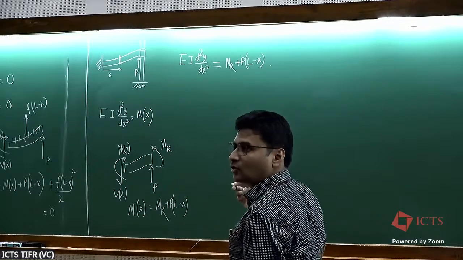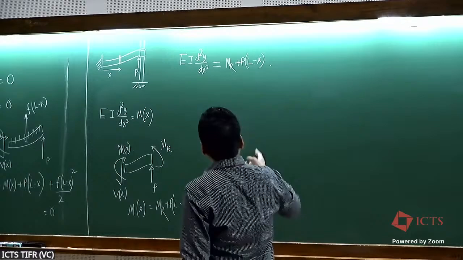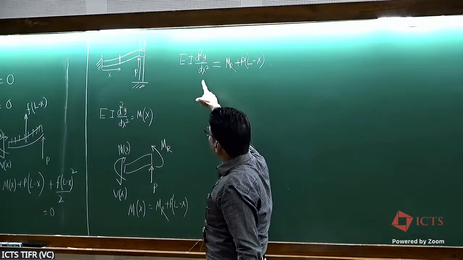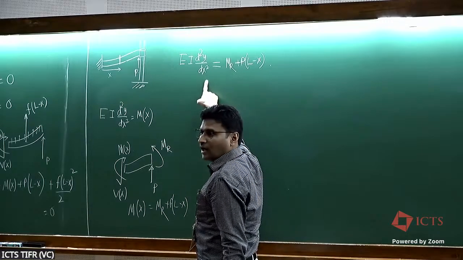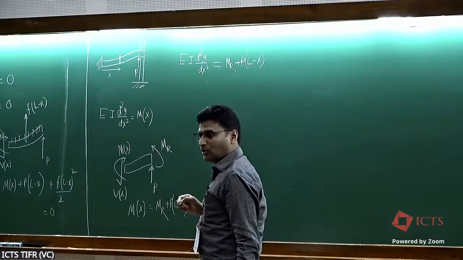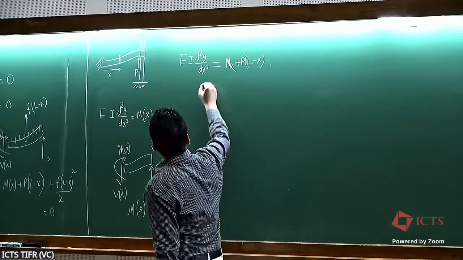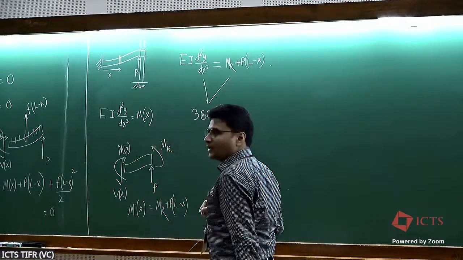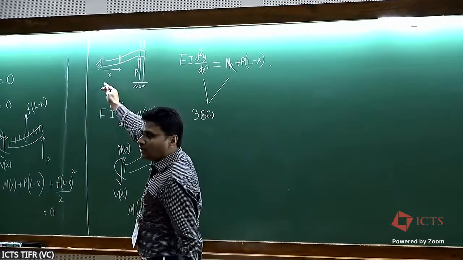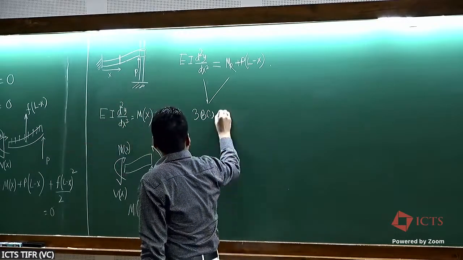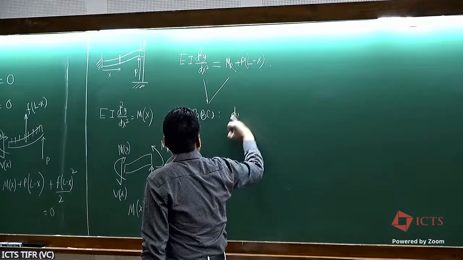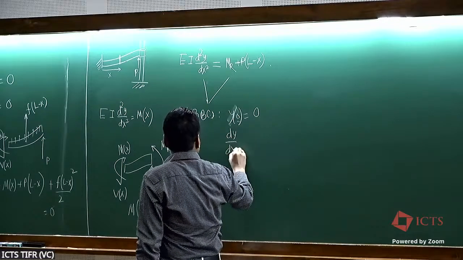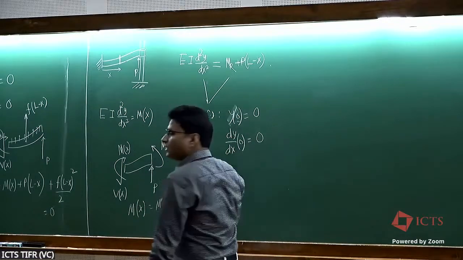You again have a second order ODE, but you also have an unknown MR. For the second order ODE, you need two boundary conditions, and for the unknown MR, you need one more boundary condition. So this requires a total of 3 boundary conditions. And where do you get them from? The built-in end, as earlier, gives you y at 0 is equal to 0, dy by dx at 0 is equal to 0.